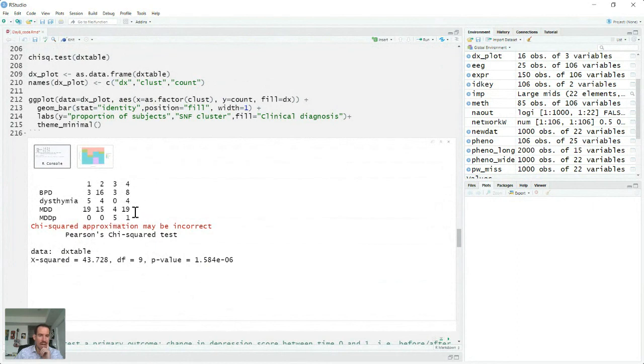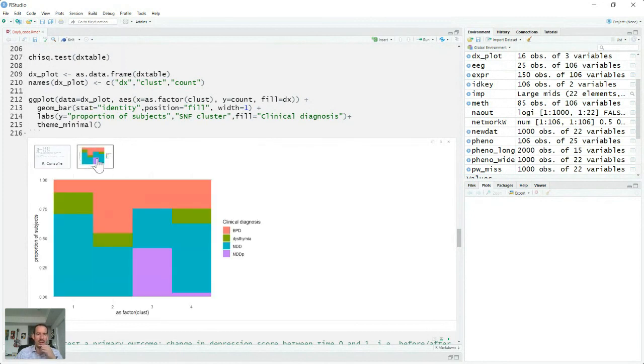Is there any bias for different clusters belonging to different diagnoses? It can be harder to see in a 4x4 table like this. The chi-square test does it for us, telling us if there is independence between our columns and rows here. And the very low p-value would suggest that there is not independence, that it is not a random assortment between these clusters we've identified and our clinical diagnoses.